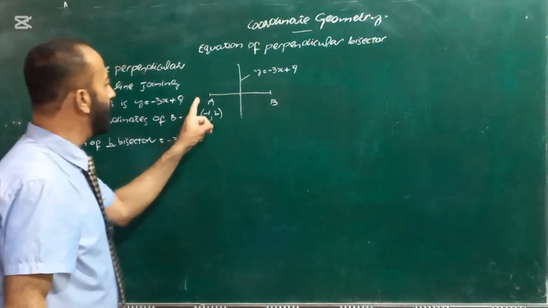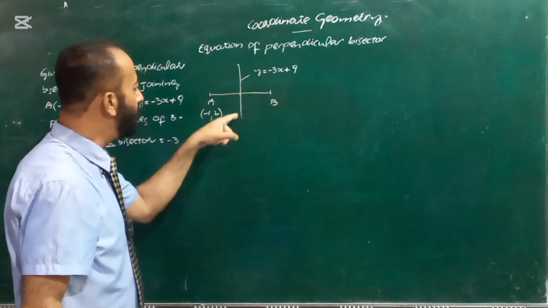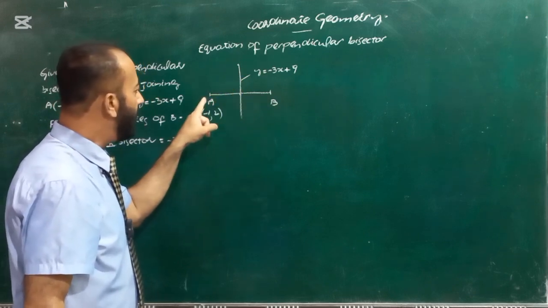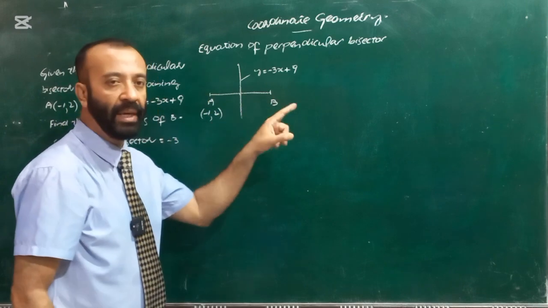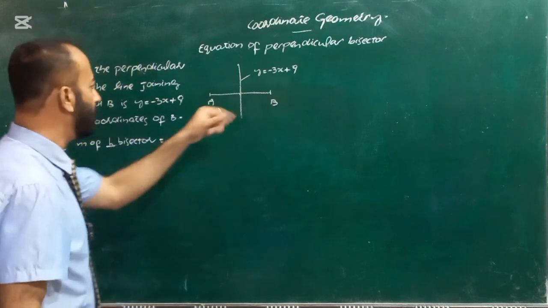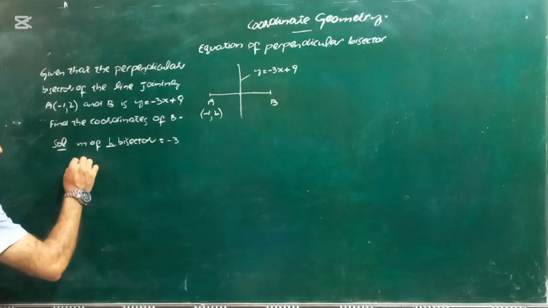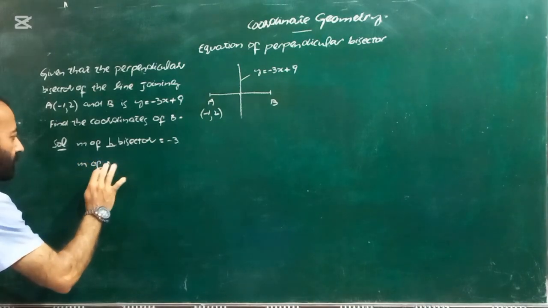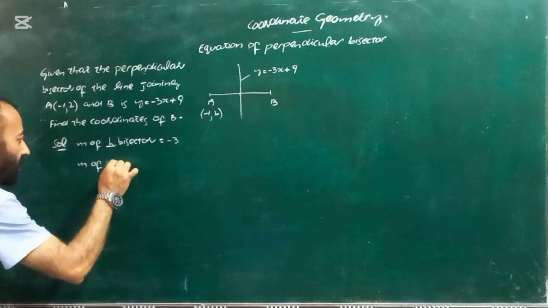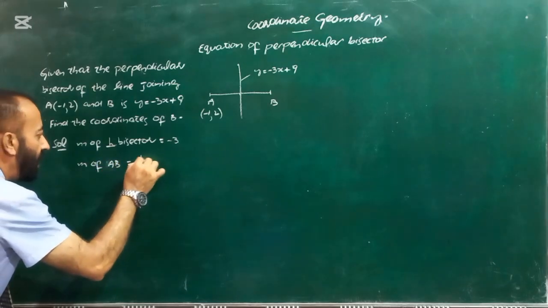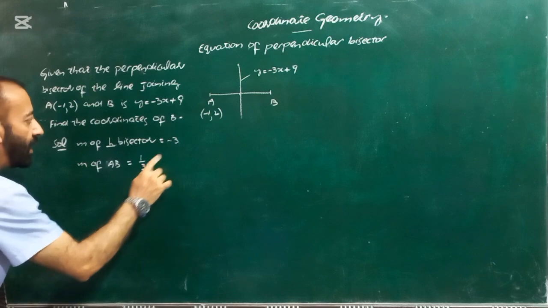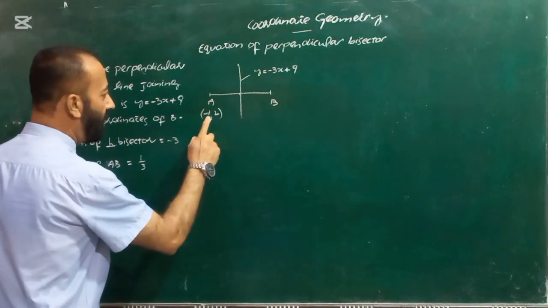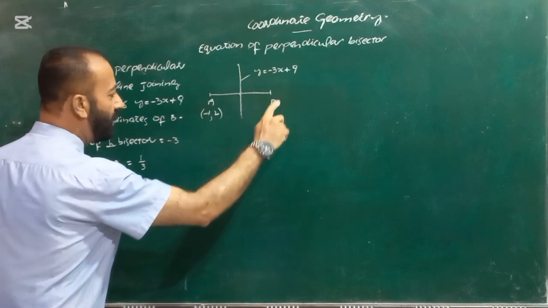Because the AB line is perpendicular to it, if the gradient of this line is minus 3, the gradient of the perpendicular will be the negative reciprocal. So it means the gradient of AB will be 1 by 3. So this is the negative reciprocal of this one. So now we have the gradient of AB and one point is there on the AB line.